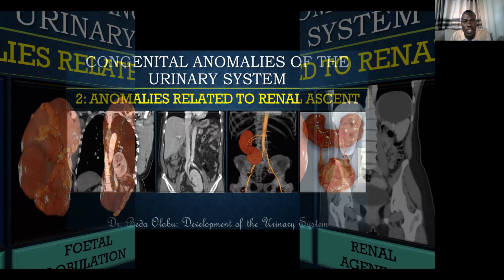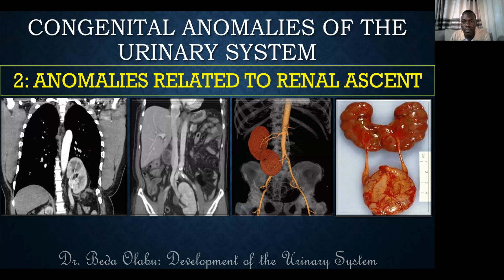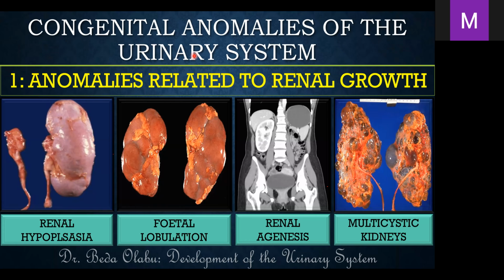Then we have, yes. For the first anomaly, the renal hypoplasia, let's say we have both of them not fully formed. Can the kid survive? It will depend on the level of hypoplasia.